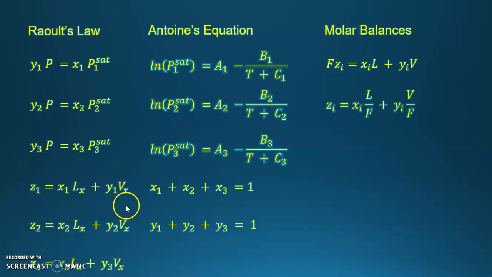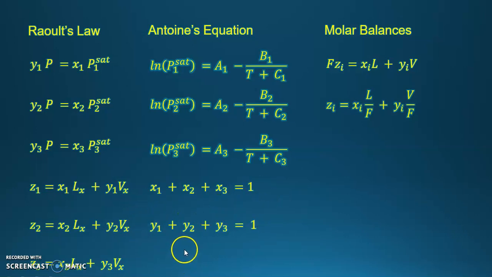And also, we can't forget this condition over here: the sum of all the component fractions in this system must be equal to 1. This is for the liquid phase and must also be true for the vapor phase.